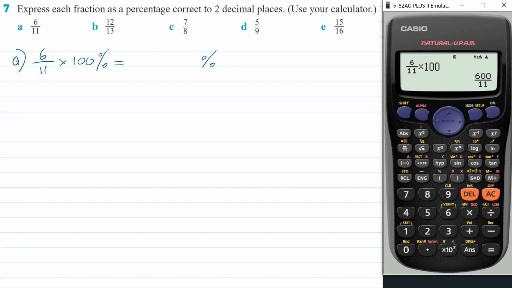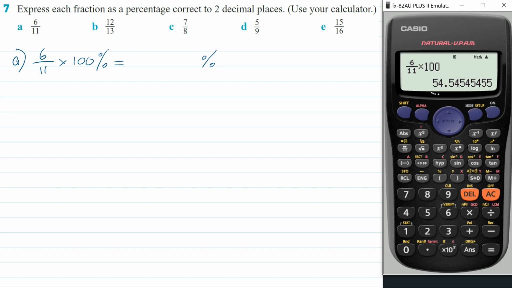And you can see that your calculator will give you a fraction answer back. And this is just the standard way of displaying numbers on some models. Some calculators may display this in decimal. So to get the decimal form, we just press the S to D button. And there it is. Now you can see there's something interesting about this number.